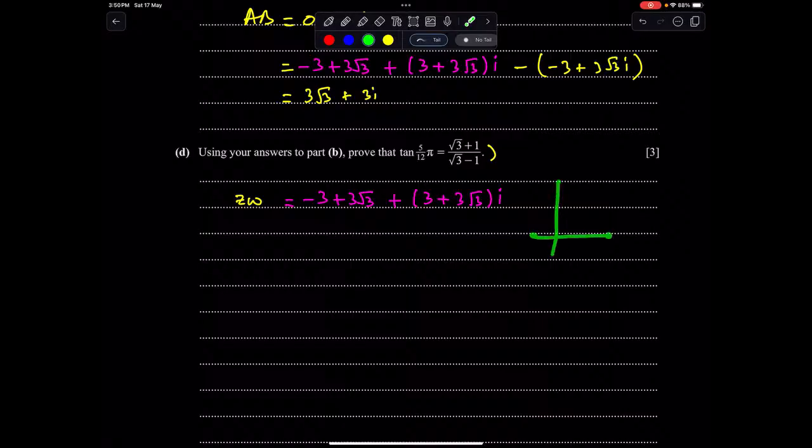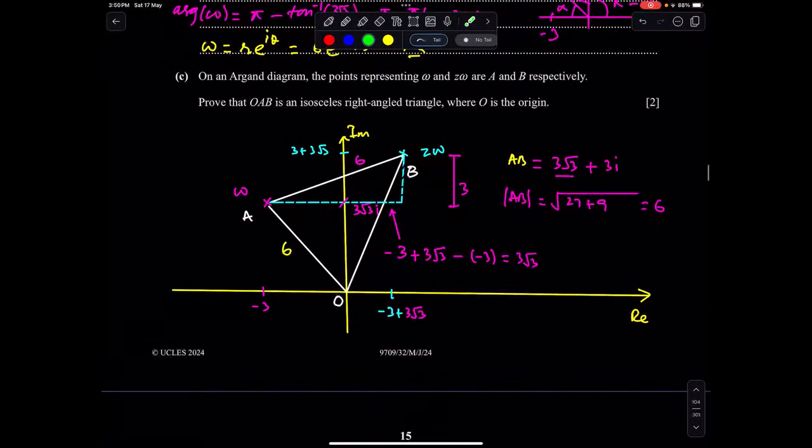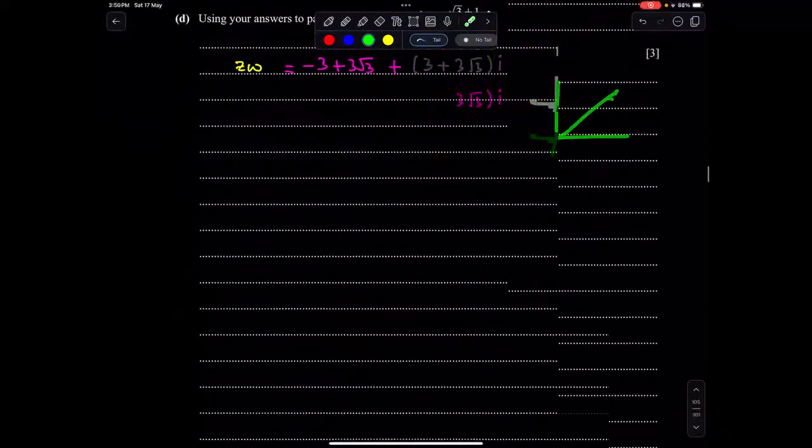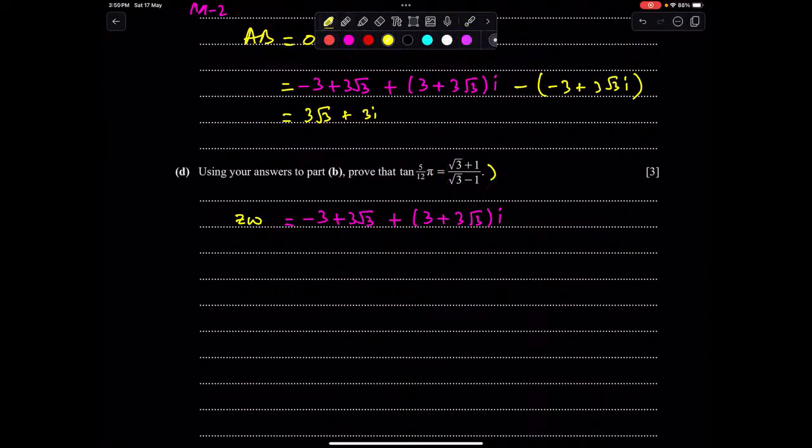z omega is in the first quadrant. It's here. This is z omega. If I find its argument, I will get this thing. How? Look, this is in the first quadrant here. So its argument is tan inverse of 3 plus 3 root 3 over minus 3 plus 3 root 3.